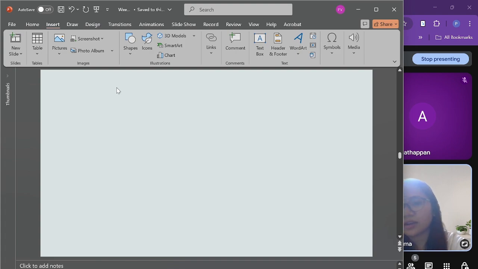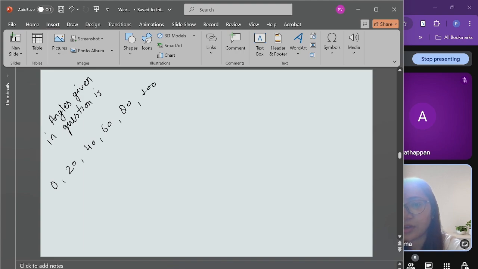The angles given in the question are 0, 20, 40, 60, 80, 100, 120, 140 and 160.